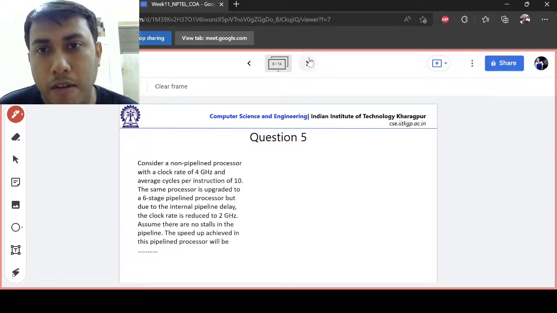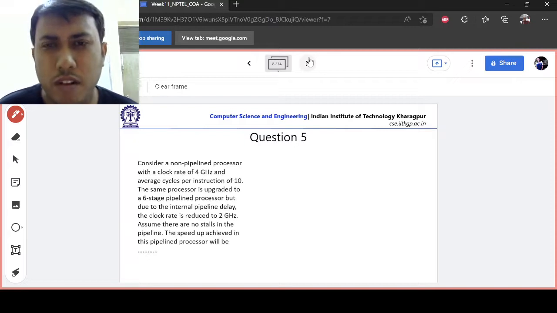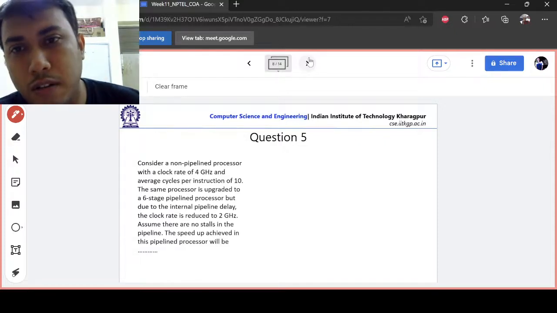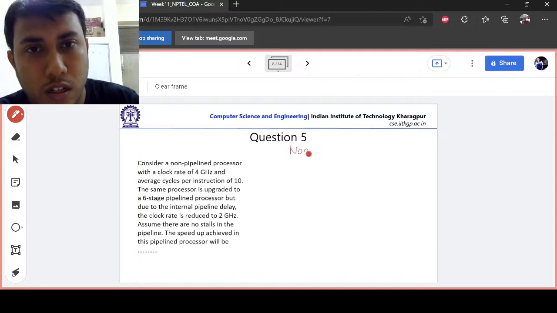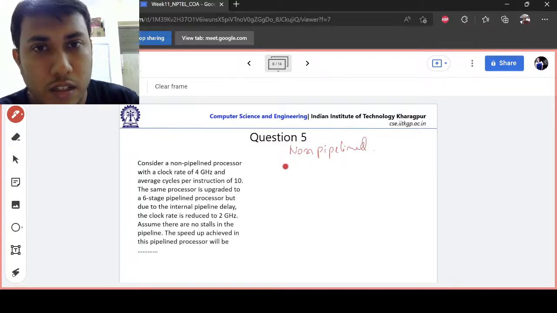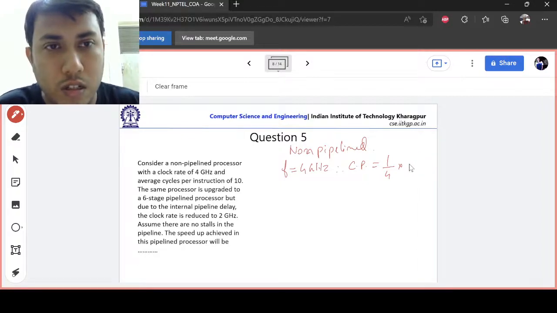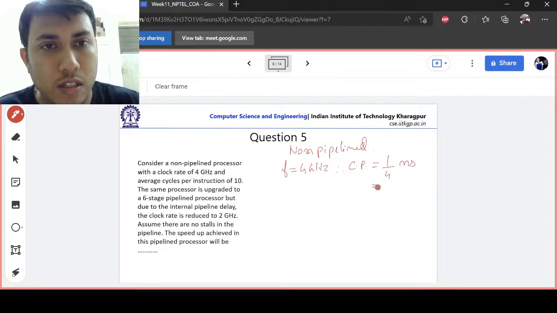Consider a non-pipelined processor with a clock rate of 4 gigahertz and an average cycles per instruction of 10. For the non-pipelined case, the frequency is 4 gigahertz. Therefore, the clock period will be 1 by 4 into 10 to the power 1 by 4 ns, that is 0.25 ns.